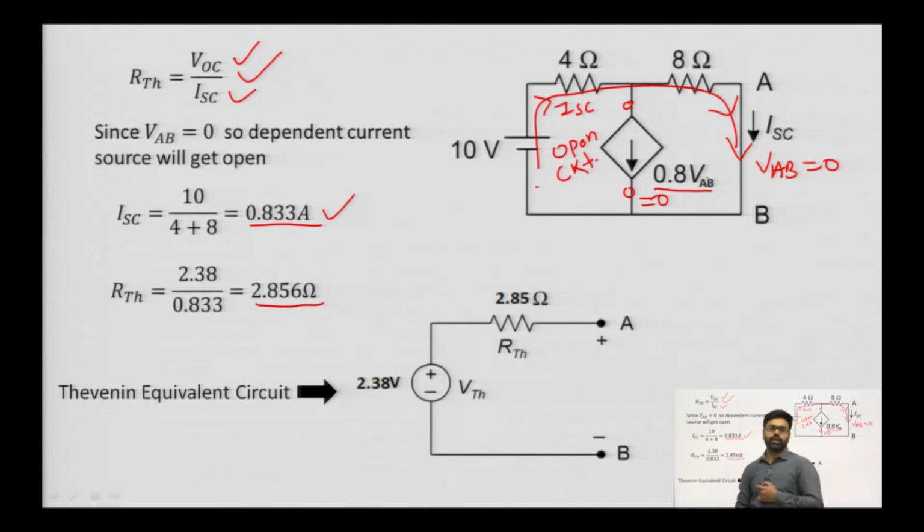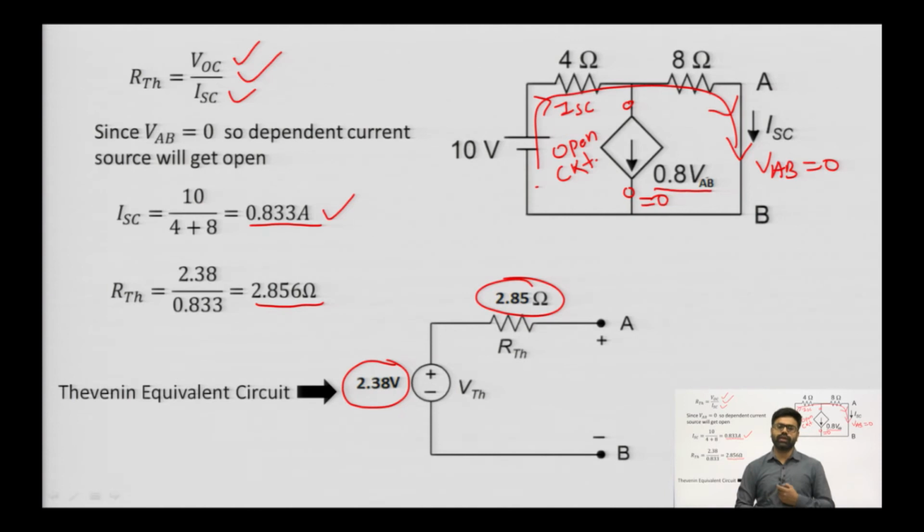So, the Thevenin equivalent circuit is 2.38 volt, which is VTH, then RTH of 2.85 ohm, and here we have AB. So, in the dependent source case, RTH is found by first calculating the short circuit current.